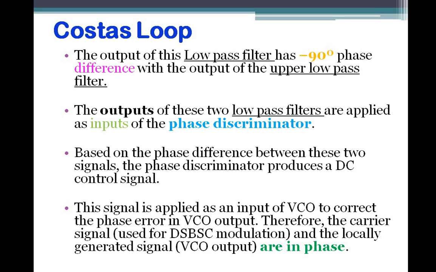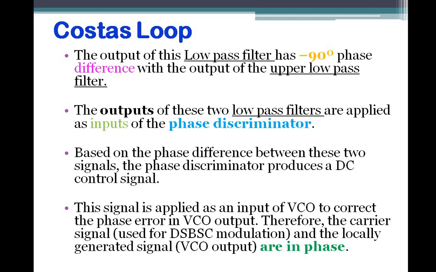This signal is applied as an input to the VCO, the voltage controlled oscillator, to correct the phase error in the VCO, in case there is any phase difference. The phase which you have used on the transmitter side, that same phase will be obtained by using your phase discriminator. So this is very advantageous compared to coherent detection.